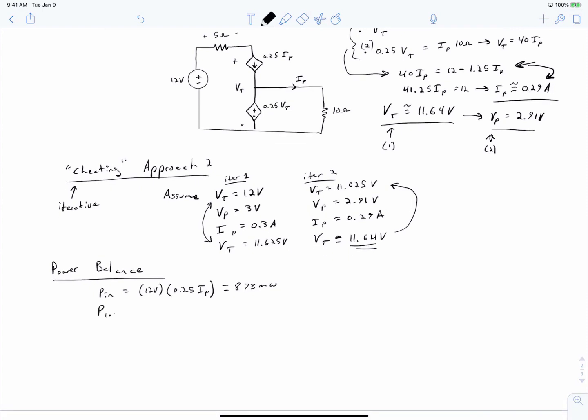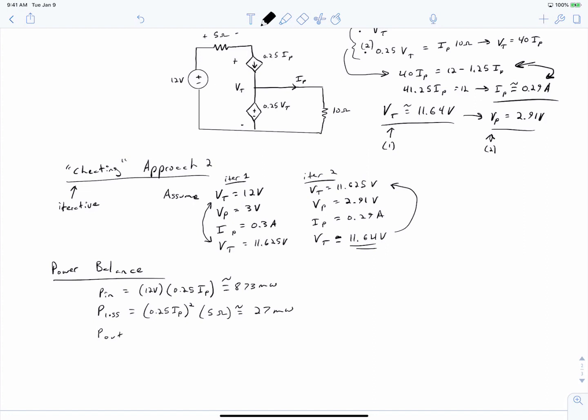The losses in our circuit: there's only one lossy component, and that's the 5 ohm resistor, so we can calculate this as I squared R, our DC input current squared times our 5 ohm resistor, which gives us a total loss of 27 milliwatts. We can get our output power as the power flowing out of our pole, or rather the power delivered to our load.